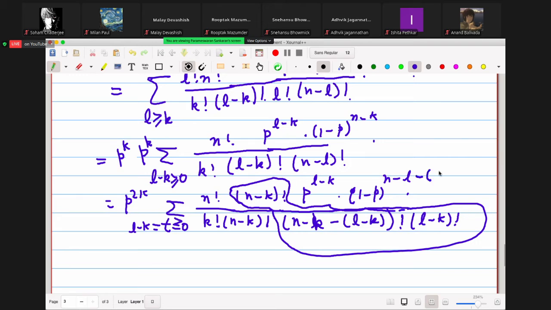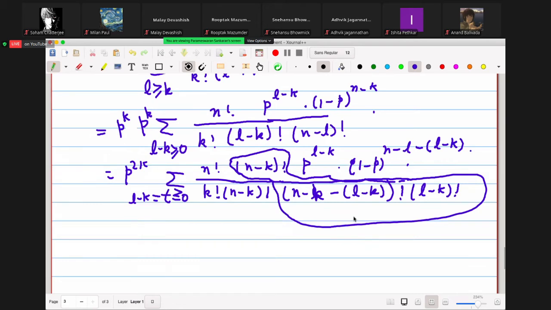I think if I write like this, it will be okay. It's just another way of writing the same thing. So this is equal to p power 2k and summation. This time I'm going to put t, 0 less than or equal to t less than or equal to n, whatever. And then this n choose k.